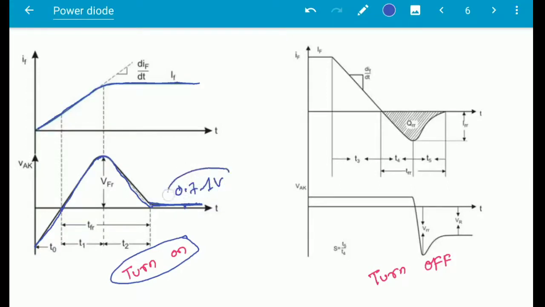This is the cut in voltage. And here it is the turn off characteristic.